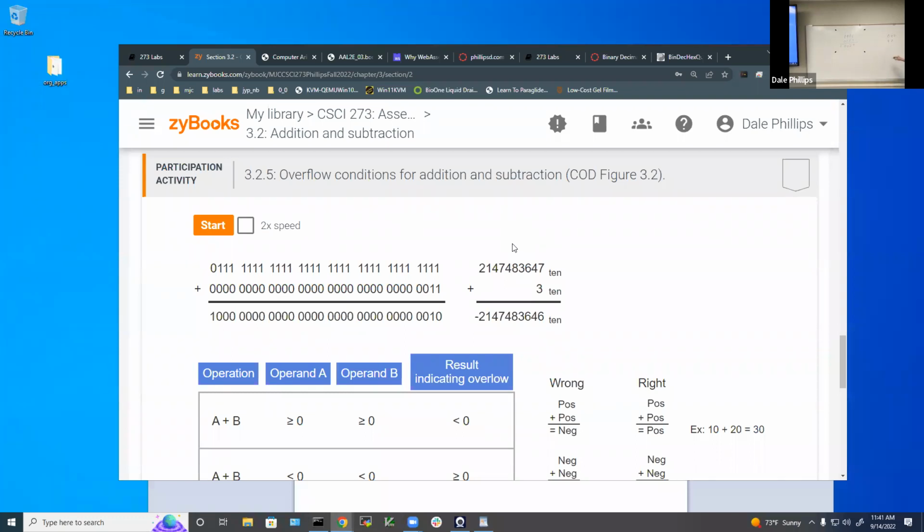Yep, there's 42. There's my 2 there. If I was to make this a negative number, I put a 1 in the highest order bit. So this is the way we flag negative. So we don't have a true 8 bits. We only have 7. And we're doing math on 7. And when that high order bit is flipped, we know it's negative.